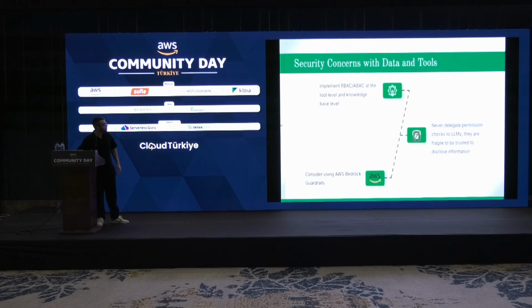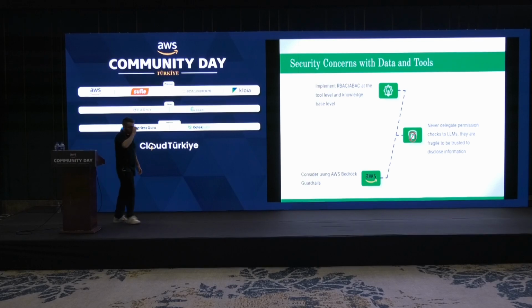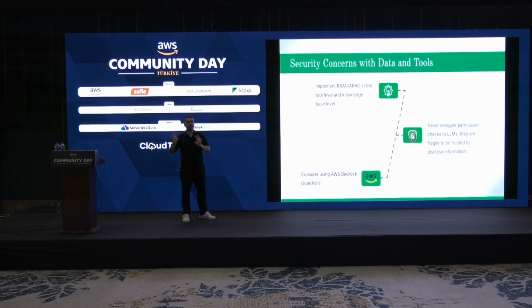And the thing to be very careful about when you are introducing tools and MCP servers to your LLMs is that the LLMs, by design, don't care about the authentication mechanism or privilege mechanism on the systems.